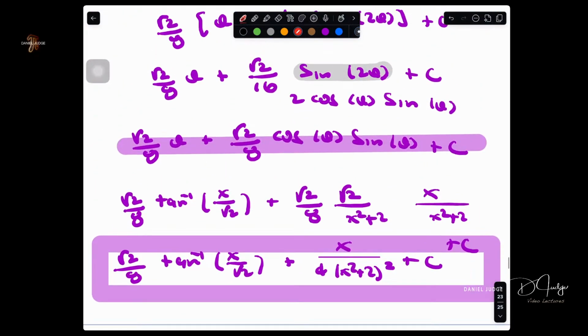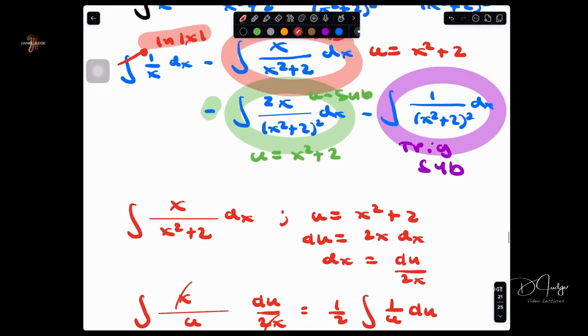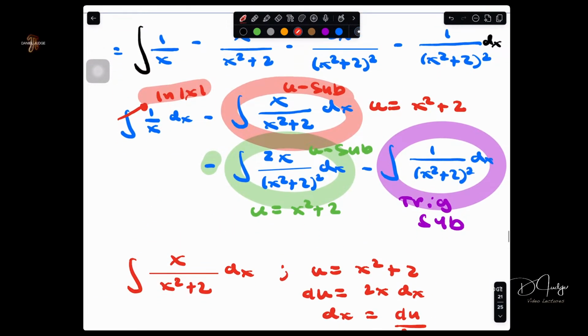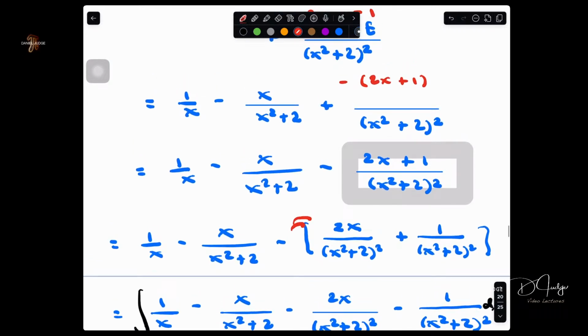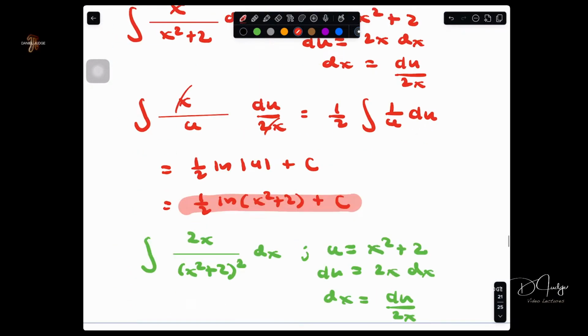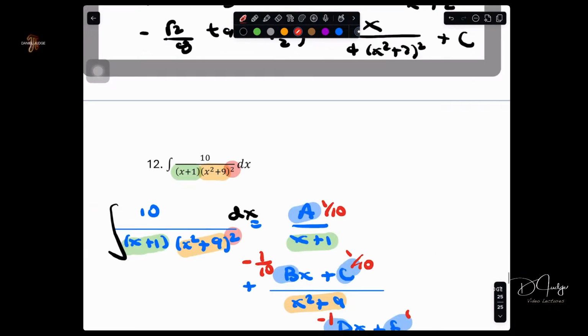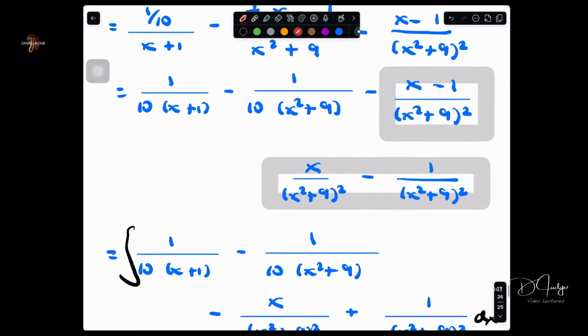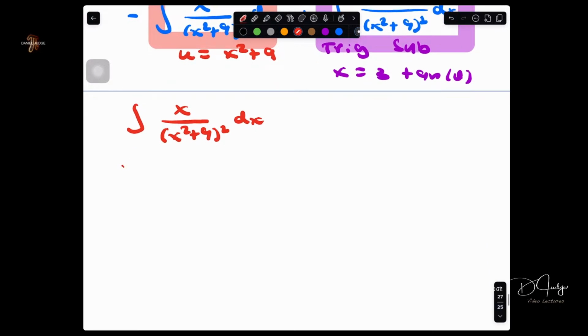I'm kind of curious about something. It's just different values. So what are we doing? The red integral.